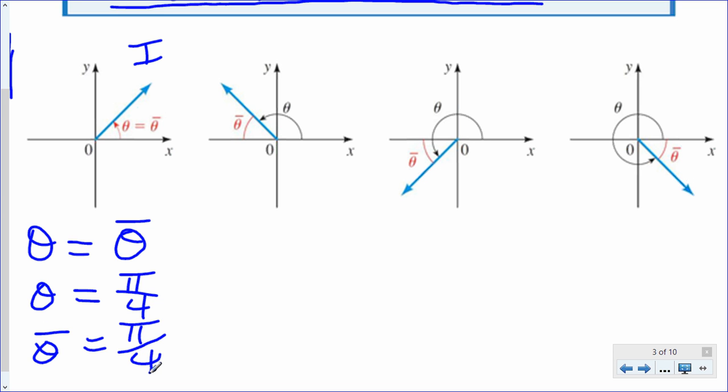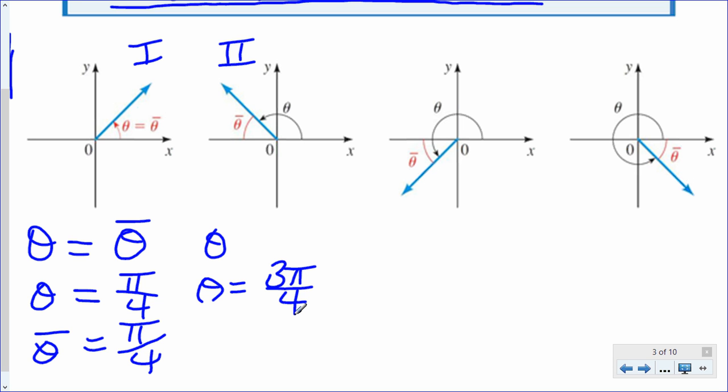Okay, now when the terminal side is located in quadrant 2, like in the next example, so let's find an example. Let's say that theta is 3 pi over 4.